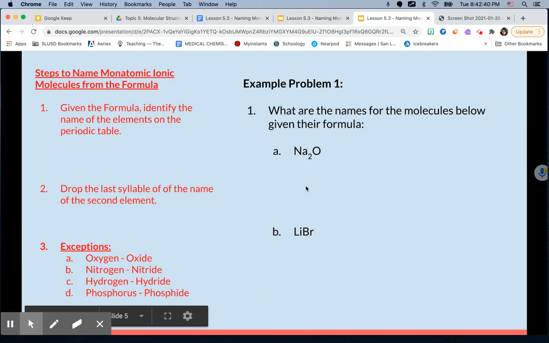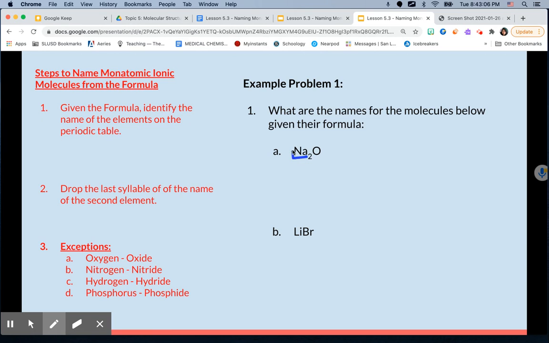Okay, so let's do an example problem together. I have my example problem in black and the steps in red. Feel free to do this on your own to see if you get the correct answer at the end. The question is, what are the names for the molecules below given their formula? Just like before, Na: N is capital, a is lowercase.